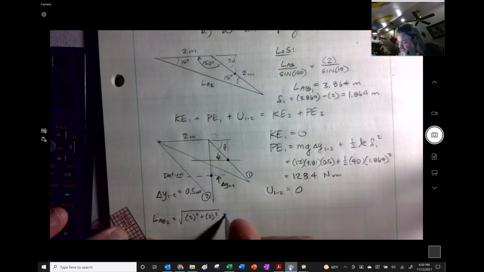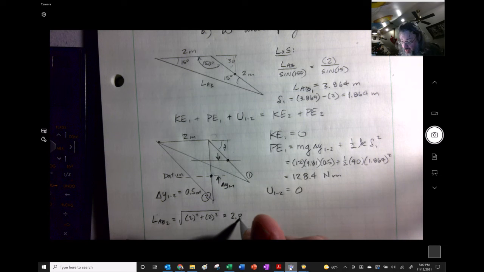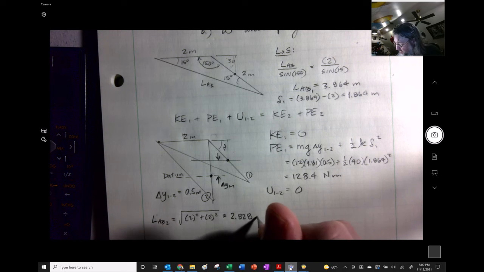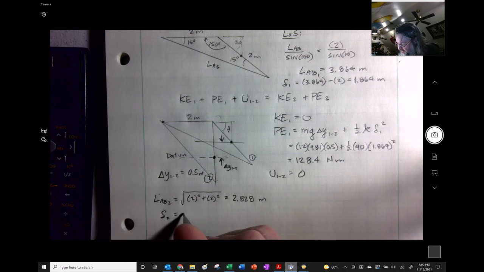I think that's the easiest way to do it. So square root of 8 should be 2.828 meters.